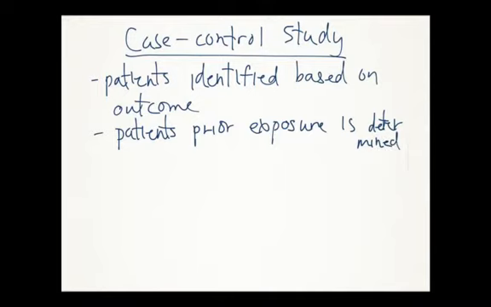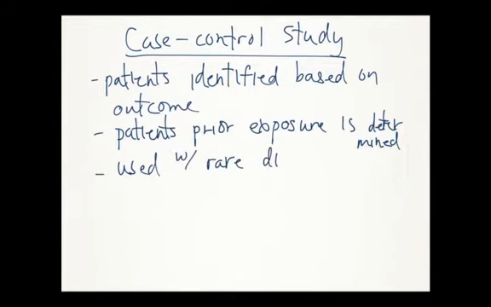Okay? So you can see this is all taking place, this is all kind of retrospective. We're looking in the past. First, we identify patients based on their outcome, which means it's already happened. And then we look at their prior exposure to see if they were exposed or unexposed. Okay? And this is used very frequently with rare diseases. Okay?